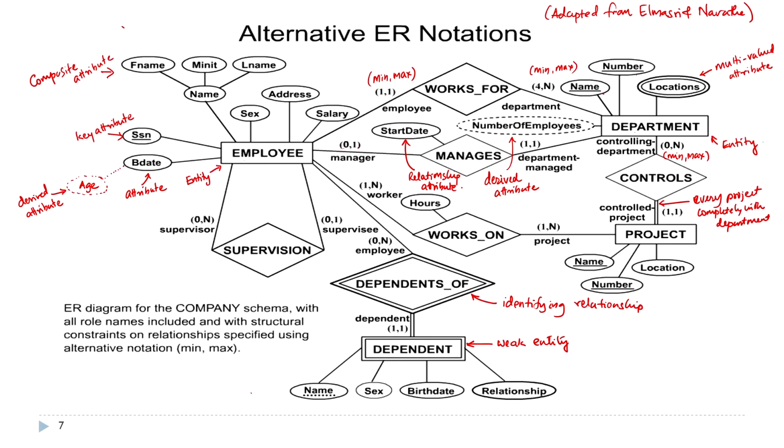So, dependent is somebody who is a wife or a kid or something of the employee. So, if the person is employed in the company, then that person has a dependent. If the employee is not in the company, then there is no existence. So, the existence of the dependent is contingent upon the employee. So, that is why it is a weak entity.